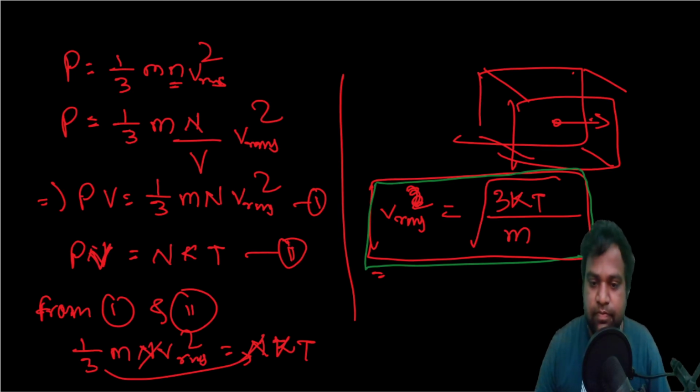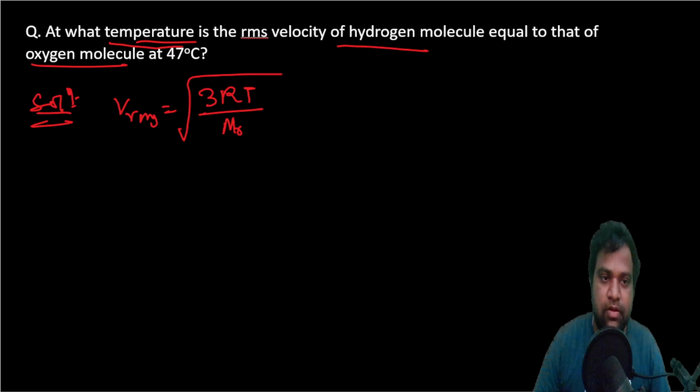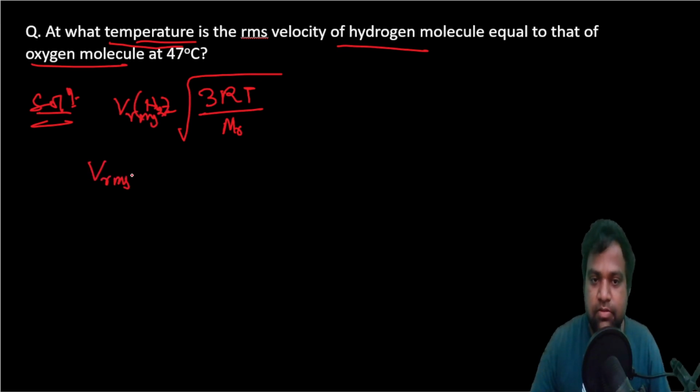Now we can use this formula here. At what temperature is the RMS velocity of hydrogen molecule equal to that of oxygen molecule at 47 degrees? So this is, let's say, Vrms of hydrogen molecule, and Vrms of oxygen molecule is also root of 3R, but for oxygen it's given that the temperature is 47 degrees.